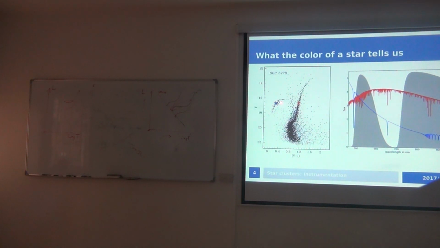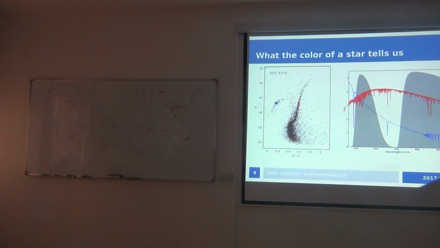So let's look again at two stars. One is a horizontal branch star and one is a red giant star, and both have approximately the same magnitude. Can you tell me which star has which spectrum? We need the temperature. So this is wavelength down here and this is flux.